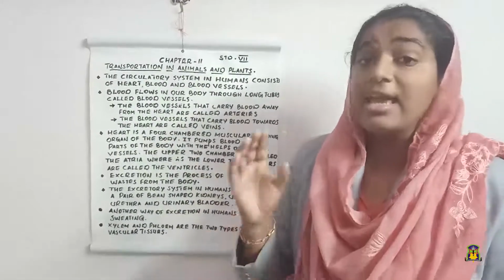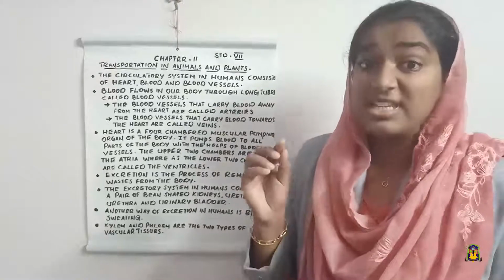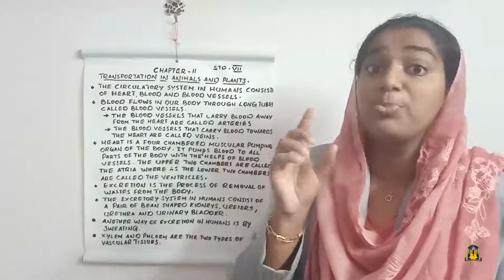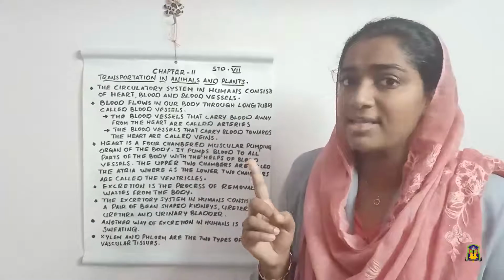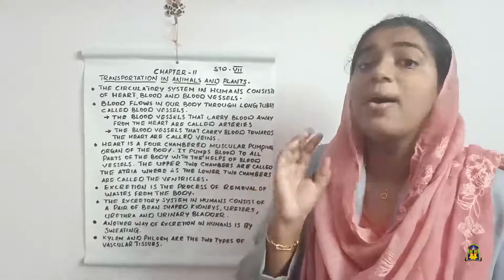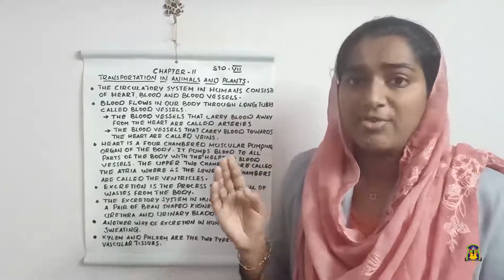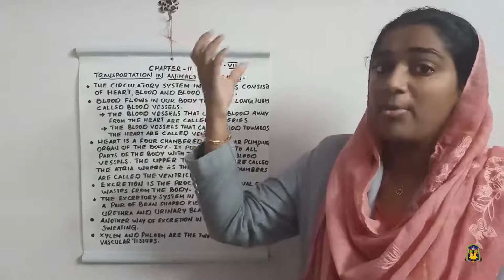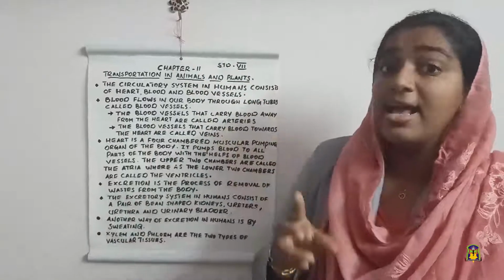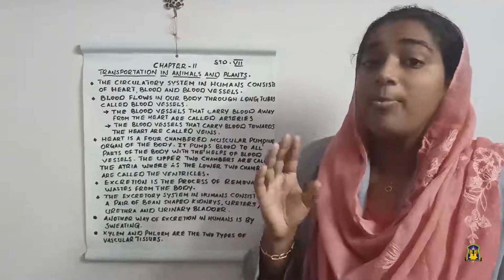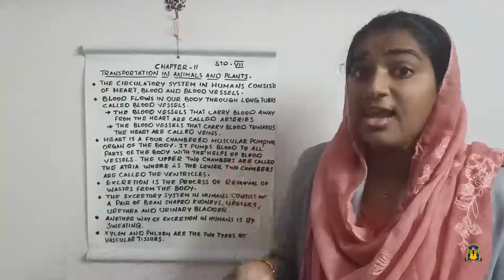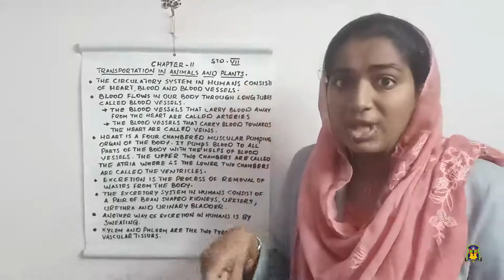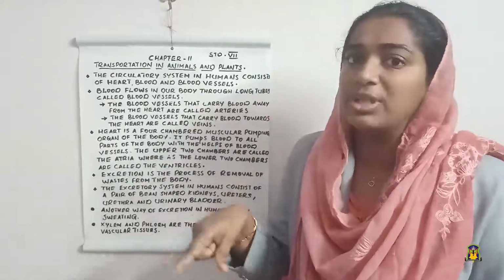The pulmonary artery carries deoxygenated blood from the heart to the lungs. The lungs purify the blood. And what about the pulmonary vein? The pulmonary vein carries oxygenated blood from the lungs to the heart.